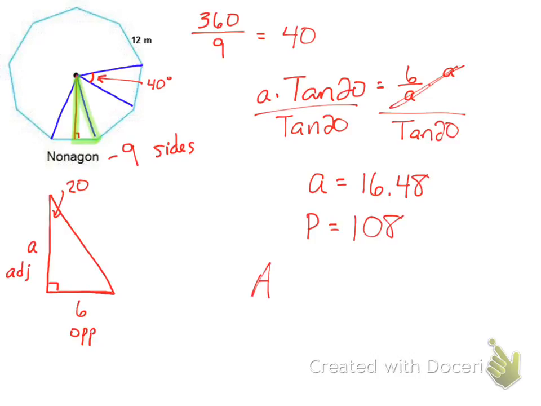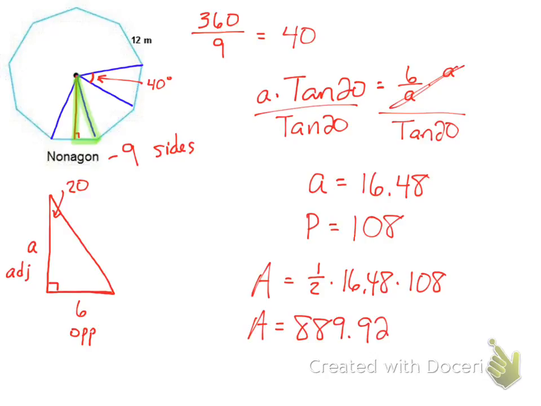And so I go area is equal to 1/2 times my apothem, which is 16.48, times my perimeter, which is 108. So I get my area is 889.92. And these are meters, right? Yeah. So square meters.